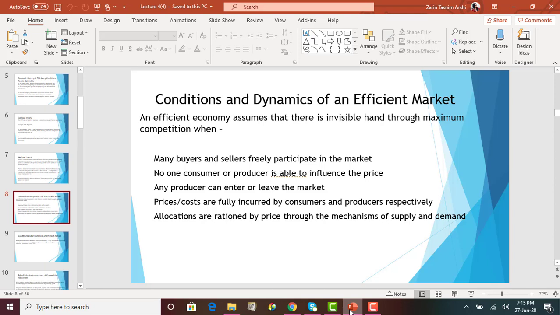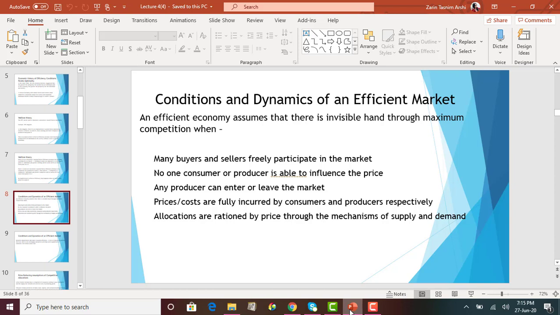Number 3 is any producer can enter or leave the market. So anytime a producer wants, they can exit the market. Anytime a producer wants, they can enter the market. So barriers to entry are low. The fourth one is prices and costs are fully incurred by consumers and producers.